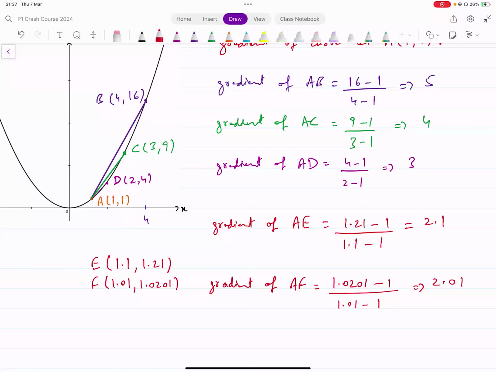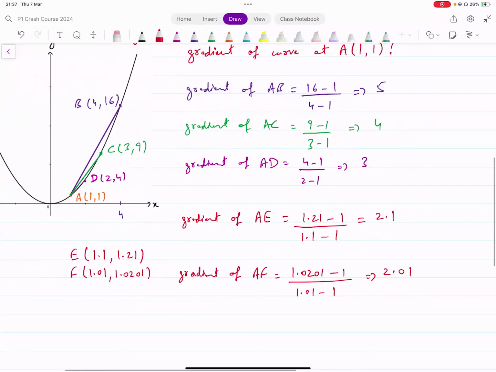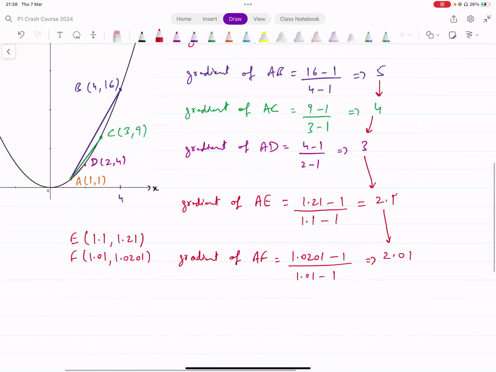Yeah. So now you can see the pattern. Where do you think the gradient is going? It's getting smaller and smaller, and as it gets close to 2, it's not changing much now. So from 3, it went to 2.1, and then from 2.1, it went to 2.01.